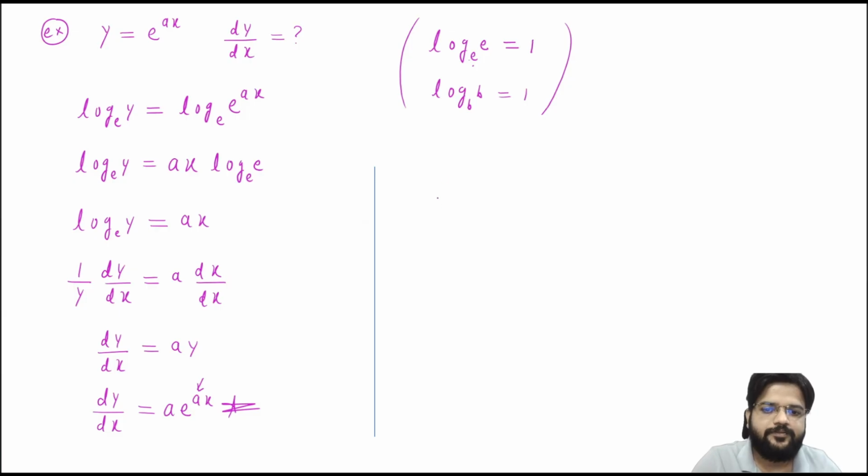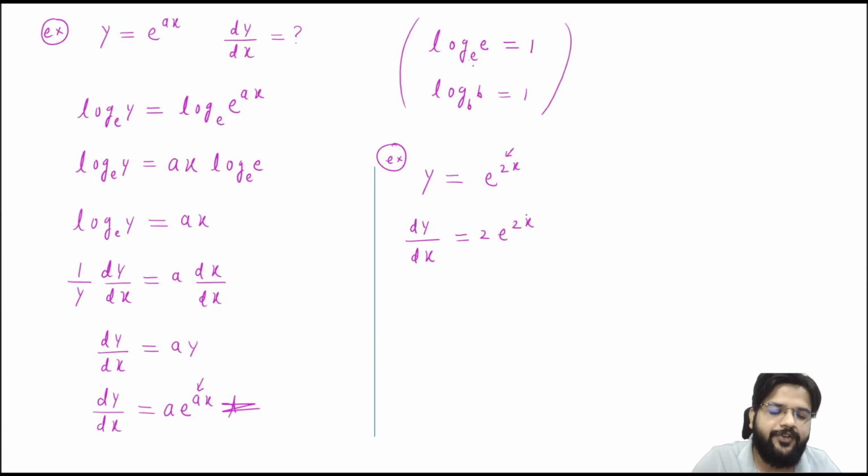So when we have e power ax, then the differentiation we are getting is a e raised to ax. Suppose we have in the question y equal to e power 2x and we want to differentiate this. So here 2 is what? It is a constant, everyone. So the differentiation of this e power 2x can be written as dy by dx equal to 2 e raised to 2x.